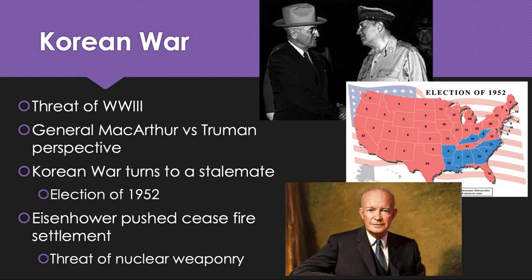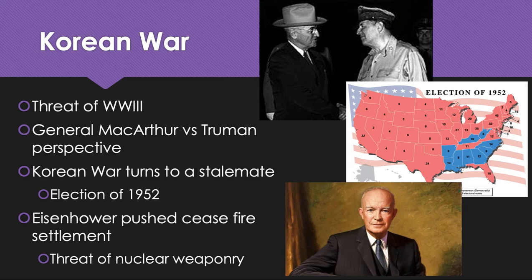Now, Eisenhower is going to come into the presidency with this stance that he will end the conflict in Korea in the election of 1952. And he ultimately delivers, maybe not what he was promising there, but Eisenhower will win the election of 1952 and push for this end to the conflict.